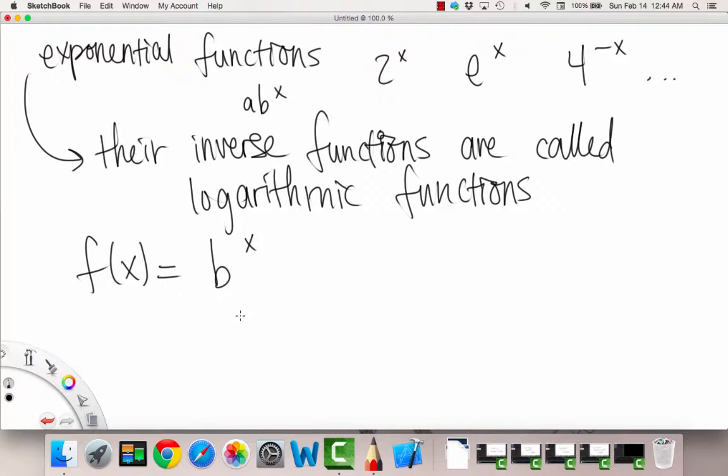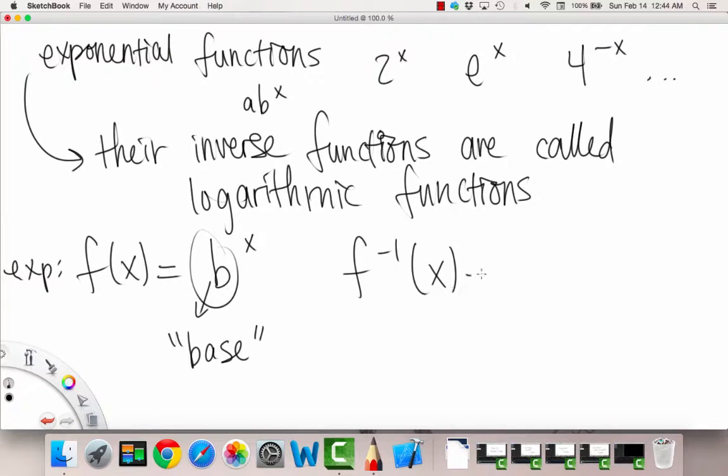This is an exponential, so this is our exponential function. And b is called our base. That's just the terminology it's given because this is a base raised to a certain exponent or a certain power. And now the inverse of that, the inverse function, is going to be log, which stands for logarithmic, so log base b of x. So this is the inverse function of that.